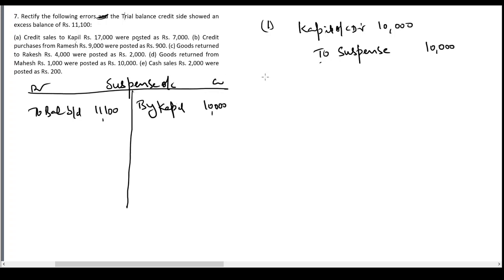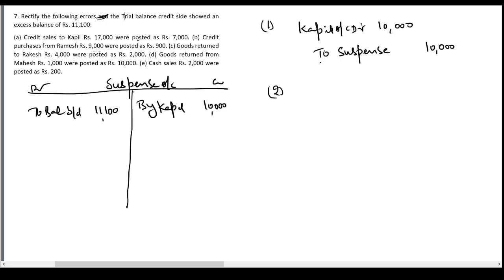Next, credit purchases from Ramesh rupees 9,000 were posted as rupees 900. So we have purchased goods worth rupees 9,000 from Ramesh, and it was posted as 900. Now here the problem is not telling us whether there has been an error in recording of the transaction. If there is an error in recording of the transaction, then we assume that the posting in both the ledger accounts is wrong.